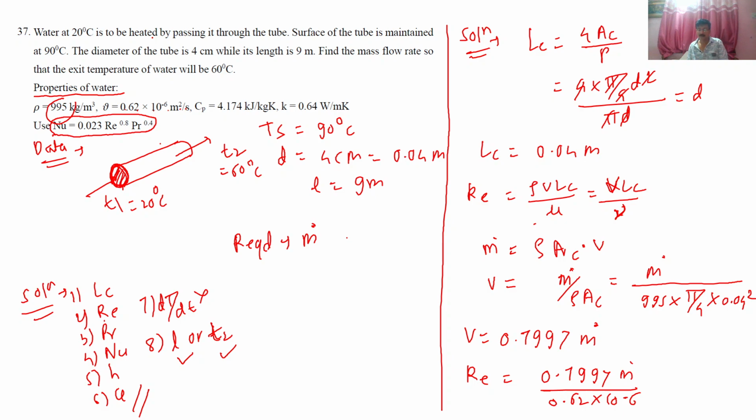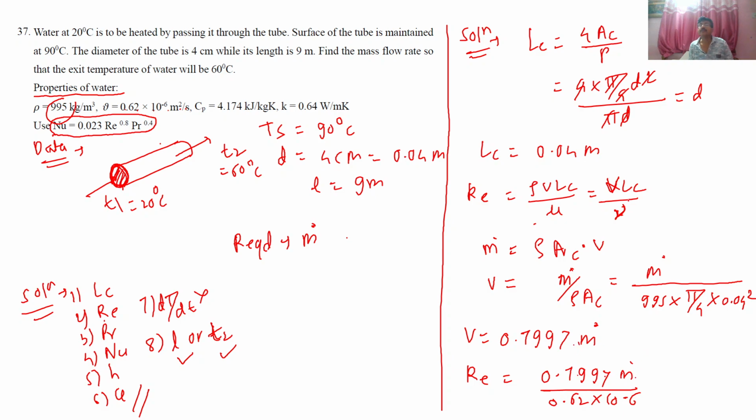If I am putting the velocity there, Reynolds number comes around, velocity is 0.7997 m dot.